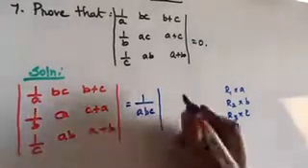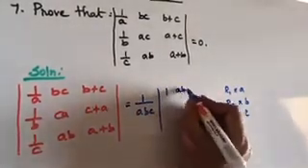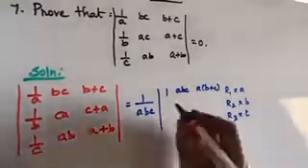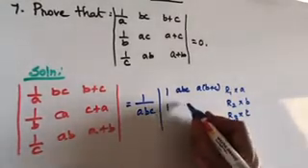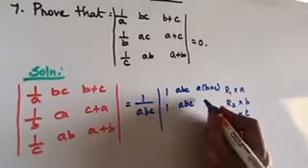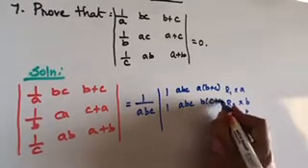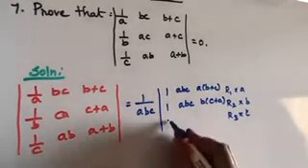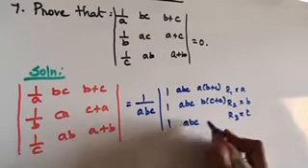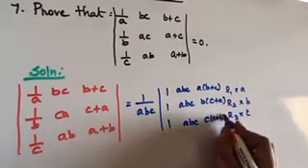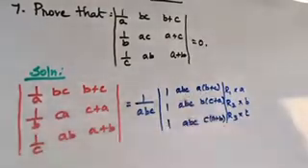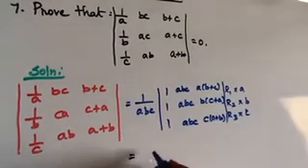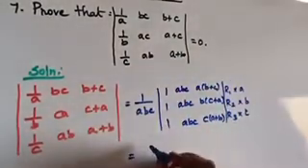Multiplying the first row by A, we get 1, ABC, and A into B plus C. Similarly, multiplying the second row by B, I get 1, ABC, and B into C plus A. The third row we multiply by C, so you get 1, ABC, and C into A plus B. Now, in the second column, all the terms are ABC, so we can take ABC commonly out from the determinant.